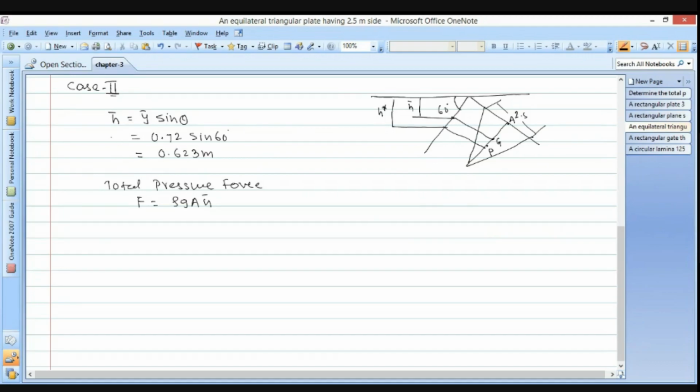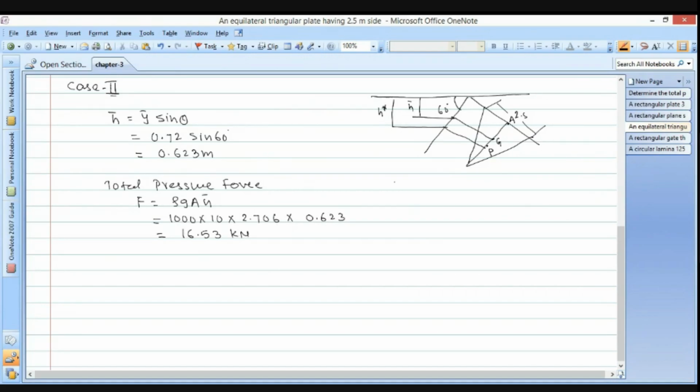But now we have to take the value of h cut, that is 0.623. So 1000 is density of water, g is 10, the area we already calculated in the first case, that is 2.706 into the h cut 0.623. So we get the answer of force, that is 16.53 kilonewton.